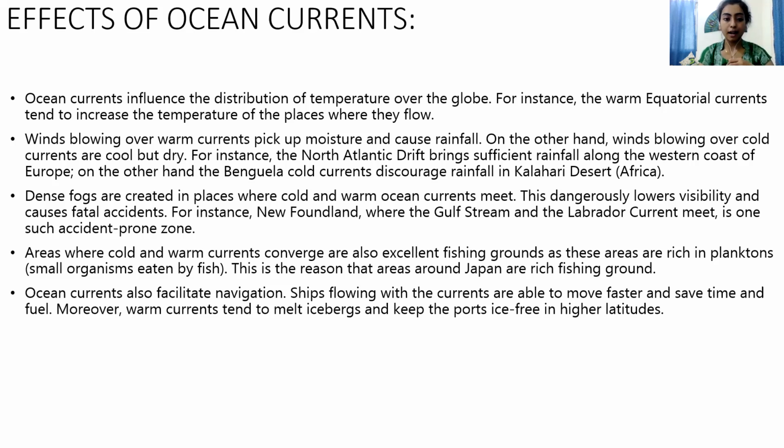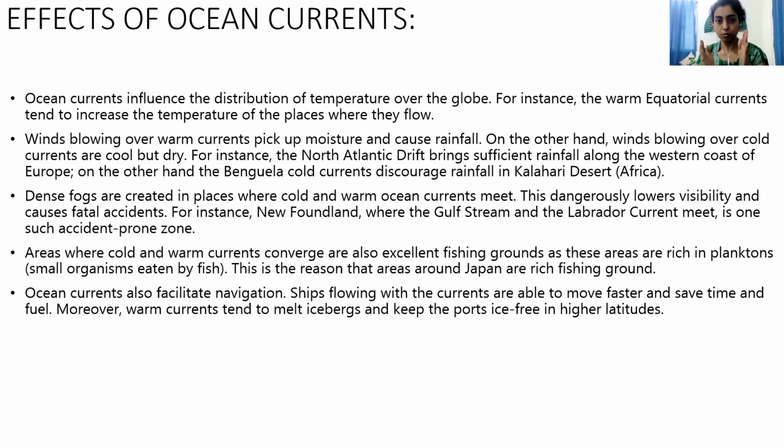And lastly, ocean currents also help in navigation for the ships. For the sailors, the ships flow with the current. If the current is flowing in a particular direction with the help of the wind, it becomes easier for them to travel faster, and it saves time.